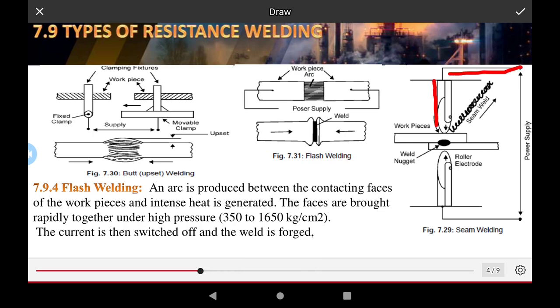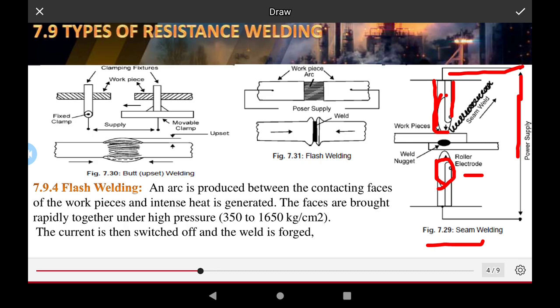This is the generator-type power supply, and this is the rolling of the electrode, the roller. This is the seam welding operation. This is the electrode in the application of the roll. The roll is the moving part of the seam welding operation.